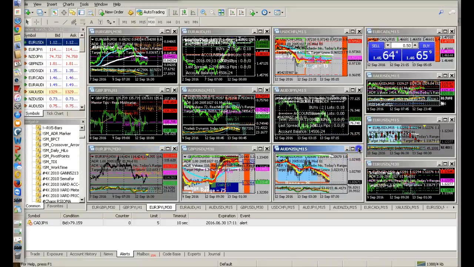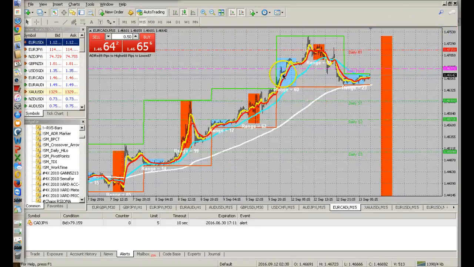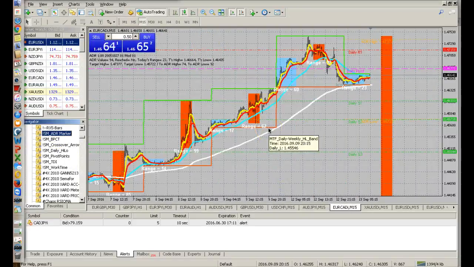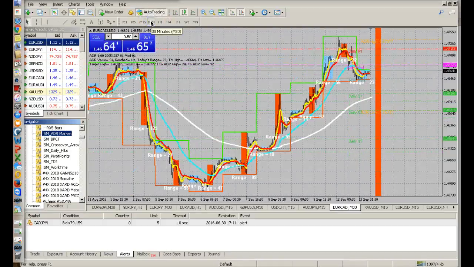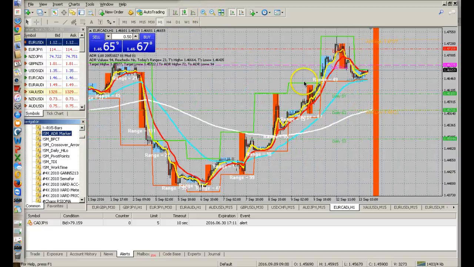I don't really trade AUD, NZD. I don't like trading up here. Euro CAD. Let's see what's going on. Look at the ADR. Could be retesting the high before making a huge fall.